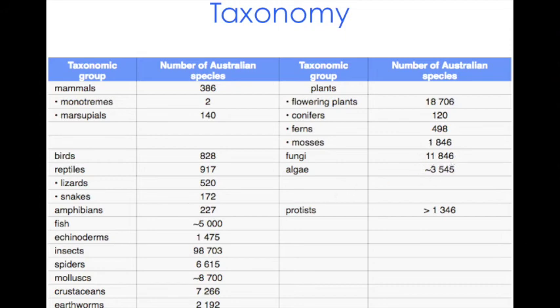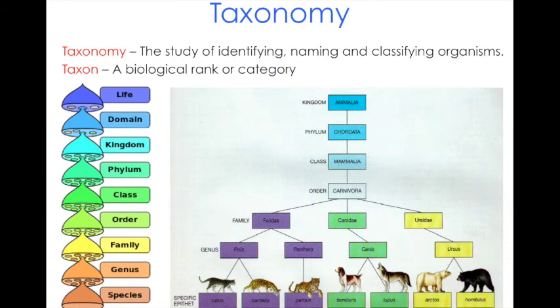Okay. Now the key question here is, how did biologists come up with that structure? How do you differentiate between a bird, a reptile, a snake, and a lizard, and so forth? We have ways in which we do that, which combine the classic definition based on structure, the biological definition, and also using genetics to identify and differentiate between them. Now, taxonomy is actually the study of identifying, naming, and classifying organisms.